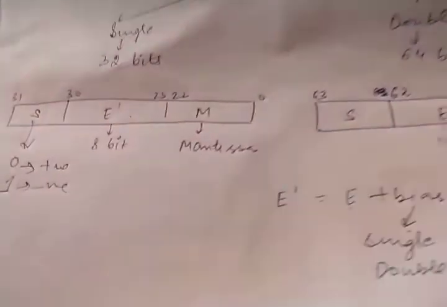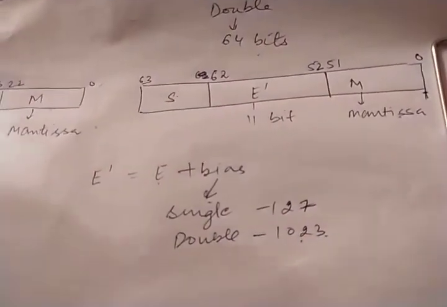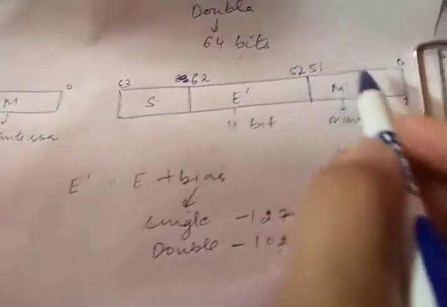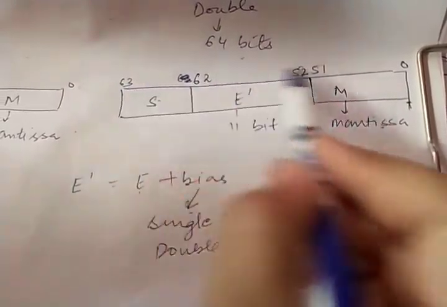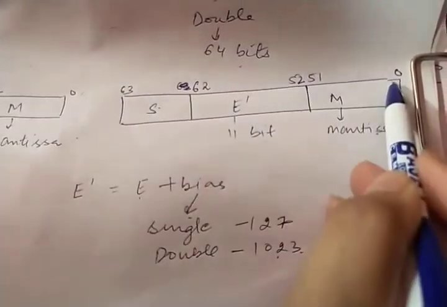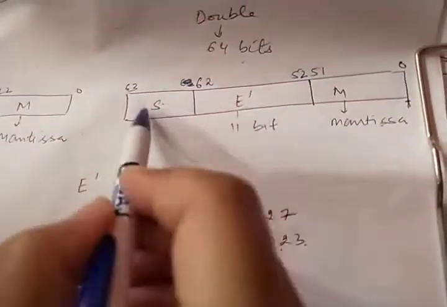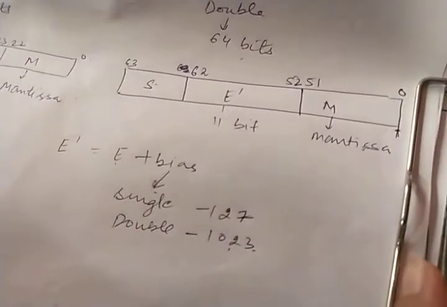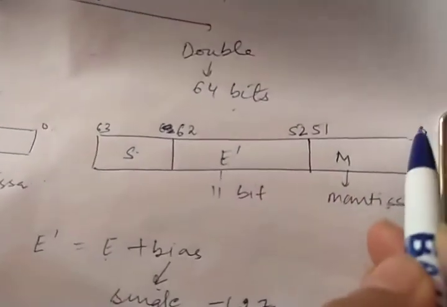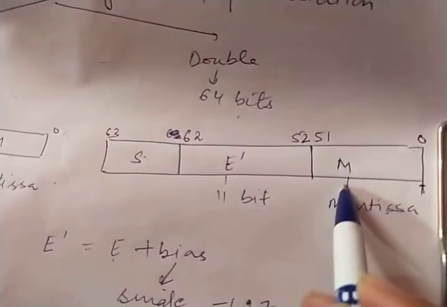In a similar way, you can see that we have represented double precision in 64 bits. This whole format consists of 64 bits. The 64-bit format is also divided into three parts: Mantissa, exponent, and sign bit. How are they distributed? Bits 0 to 51, which equal 52 bits, are reserved for the Mantissa part.